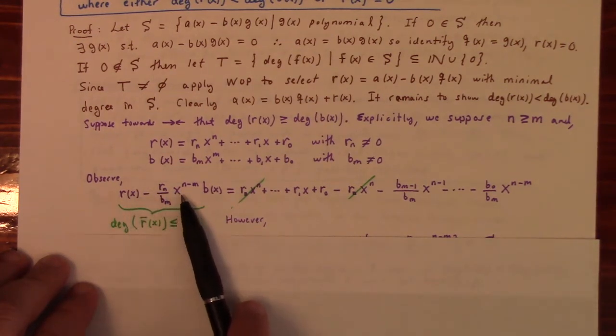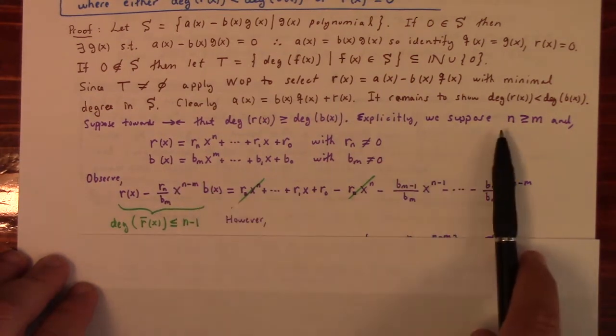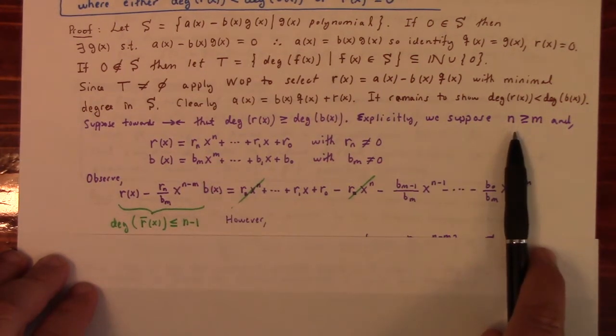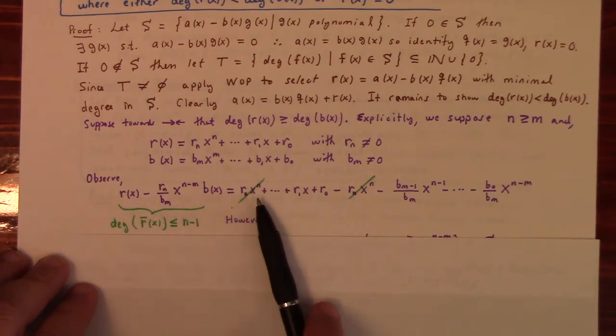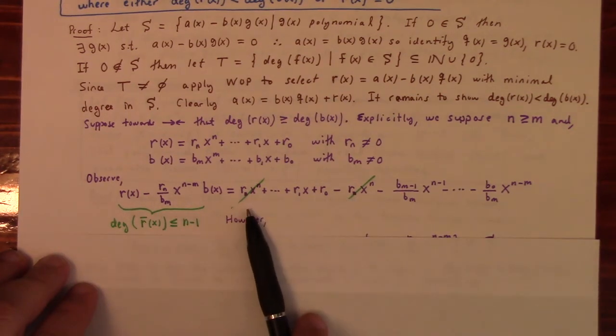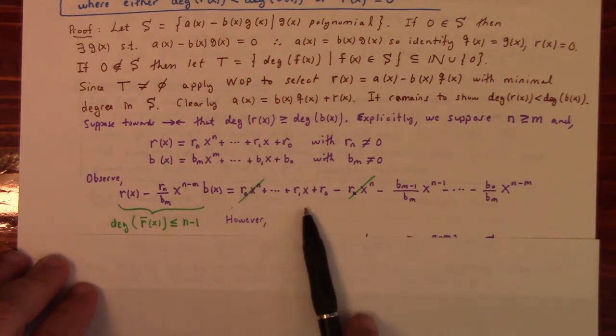That's only possible because x to the n minus m is a positive power given that assumption, right? So this assumption is what's powering this construction. And so the r sub n, x to the n's cancel, and it leaves you with this polynomial here, which has degree n minus 1.